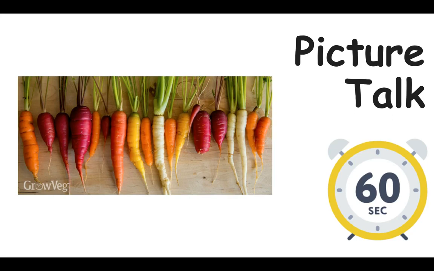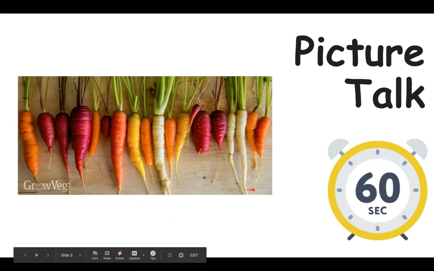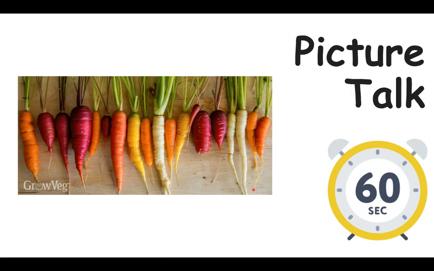All right, so time is up, and now I want to talk about what are some things that you might have thought about when you looked at this picture. So I can see that this is a picture of carrots, and there are different kinds of carrots. There are carrots of different colors.